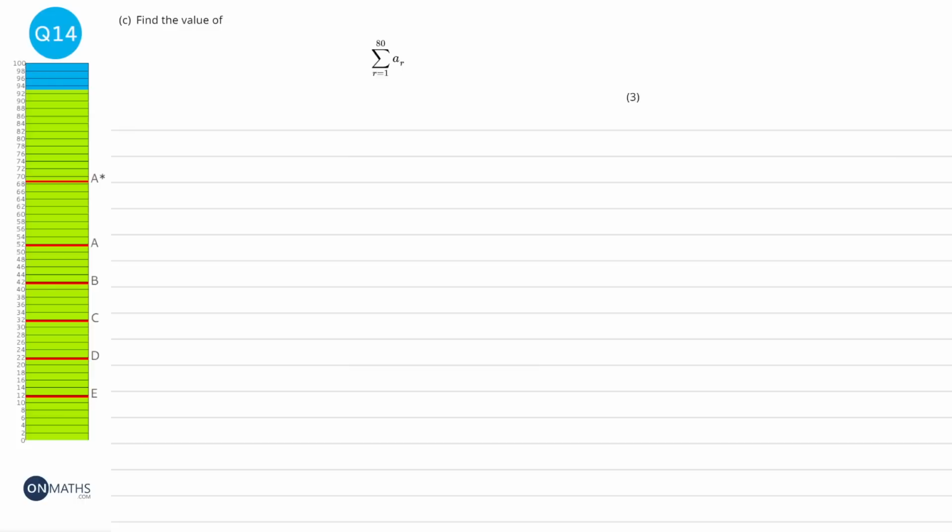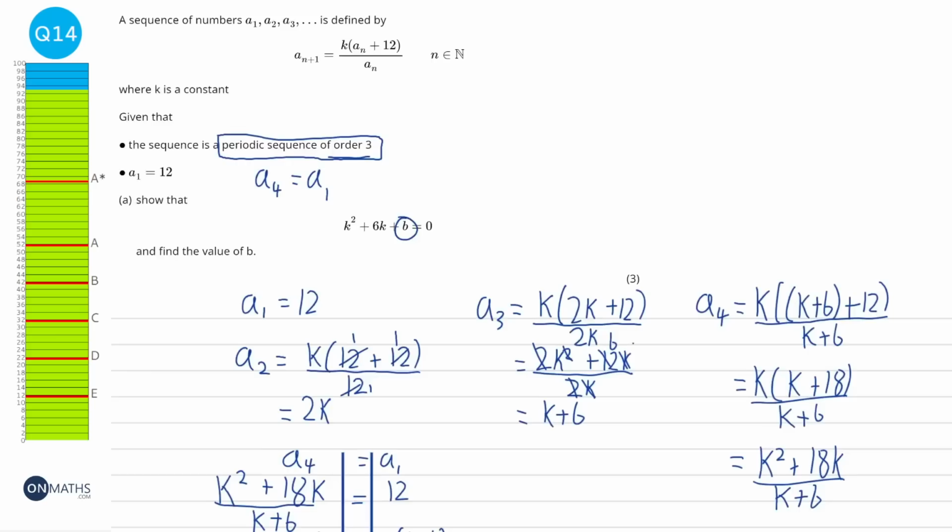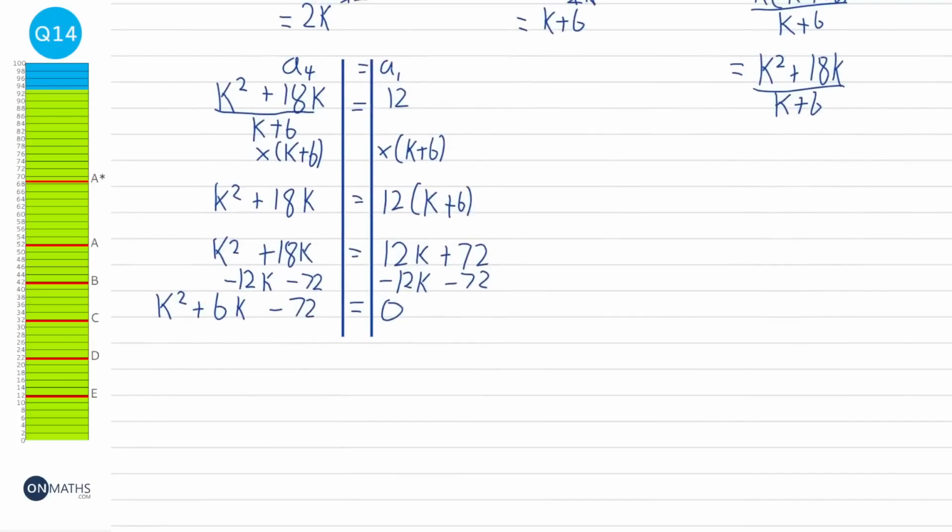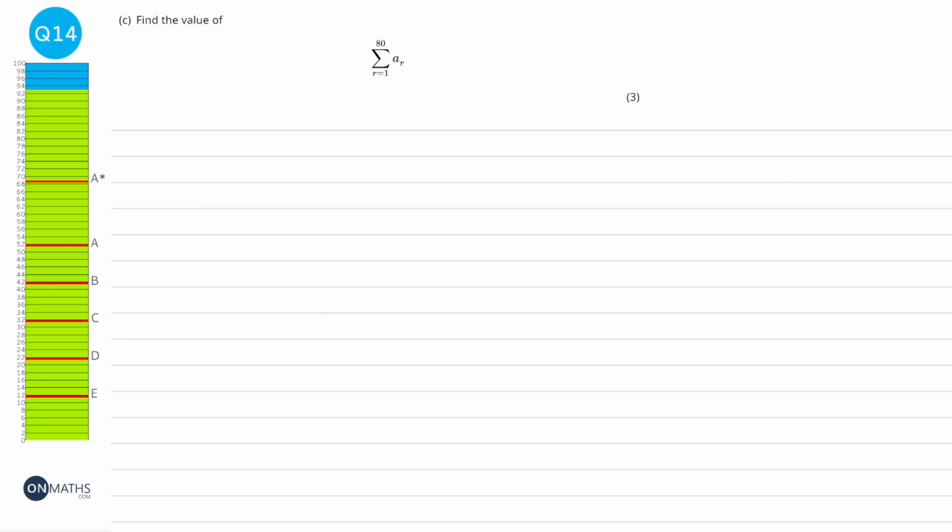Question C is basically asking us to add the first 80 terms. Now, in order to do that, we need to find out what k is, because it's asking us to find the value. So it doesn't want it in terms of k, it wants the actual answer. So looking back at question A, we noticed that we got a nice quadratic there. And so all we need to do is solve that quadratic.